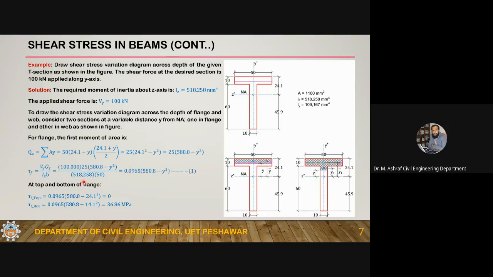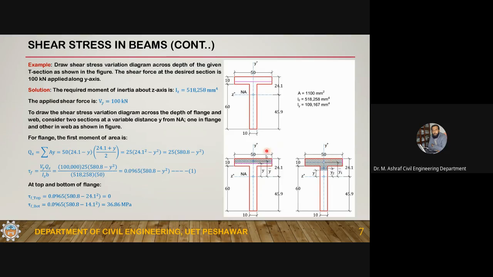At the top of the flange, like here, what is the value of y? 24.1. So 580.8 minus 24.1 square will give you 0. So at the top, at this location, the shear stress is 0.